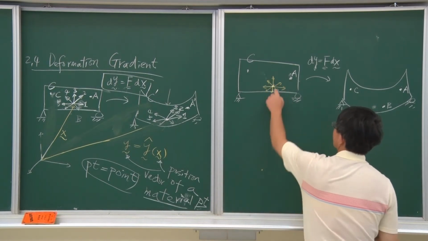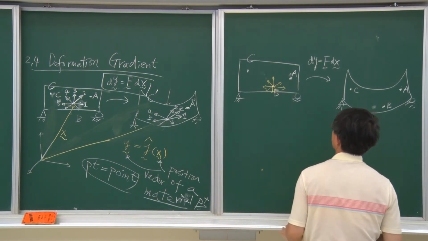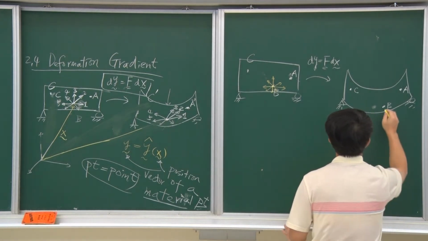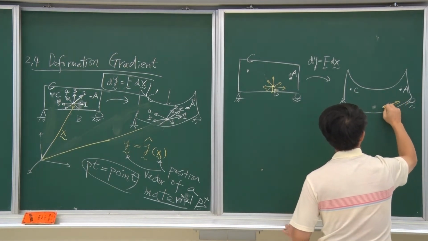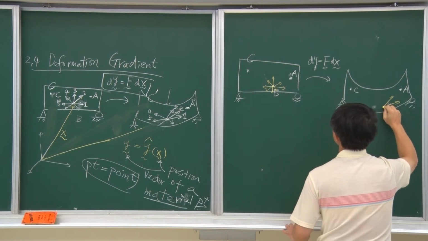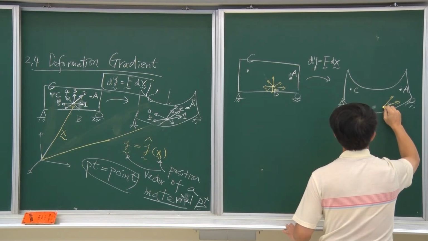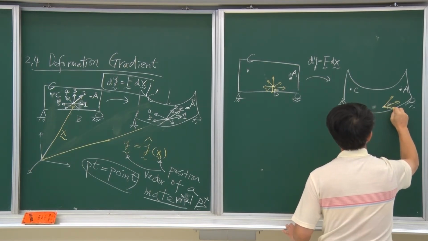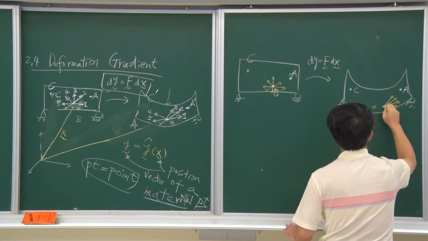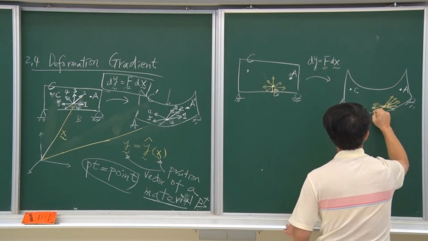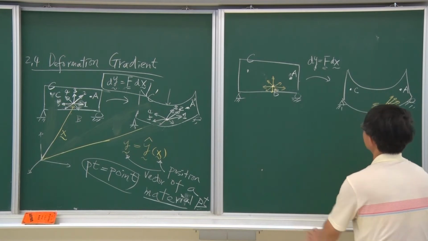Okay, the material line around this material point will be sent to the material line here. Okay, like this.